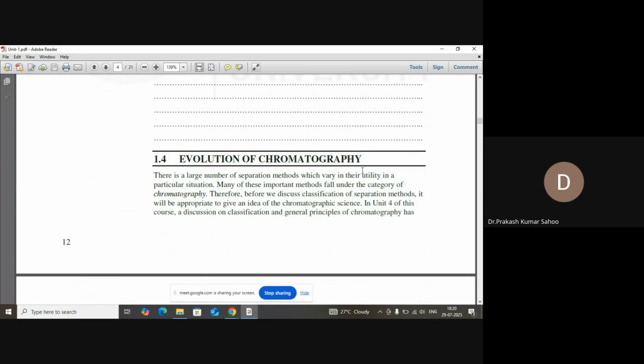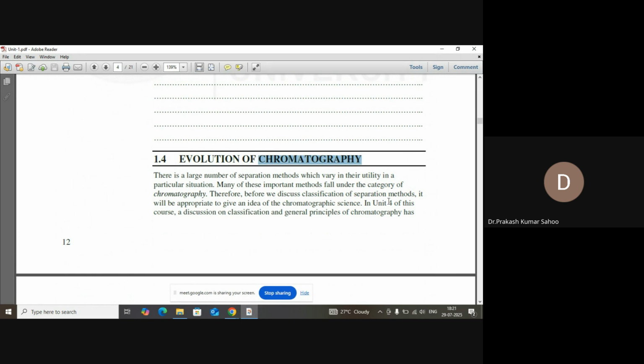Another most popularly used separation method is chromatography. This technique was developed by Tswett, and it is all about separation of different components depending on the distance traveled by different components from their reference point.